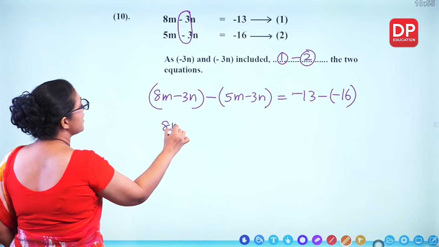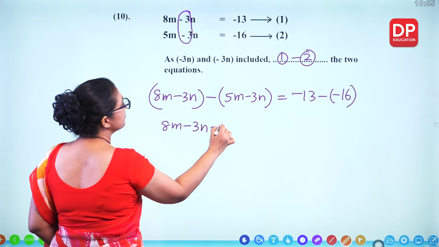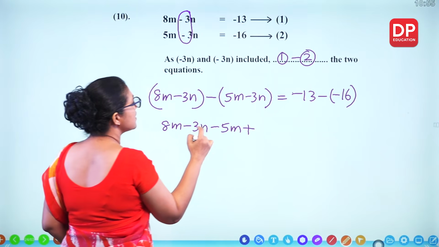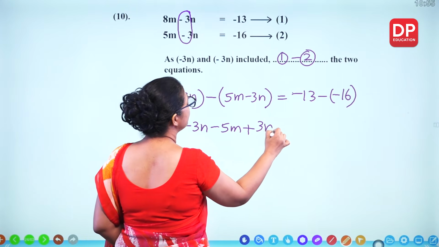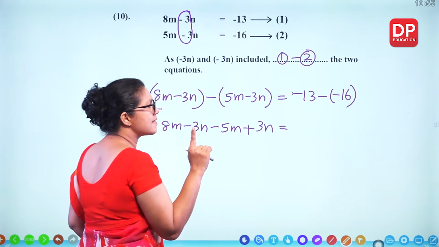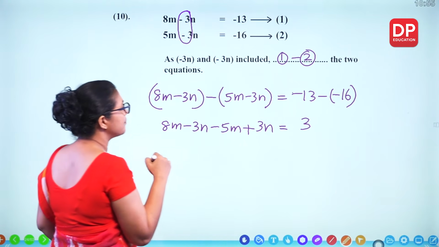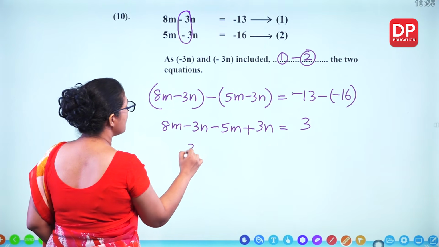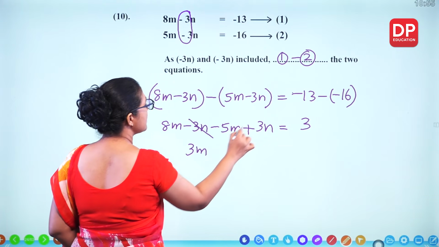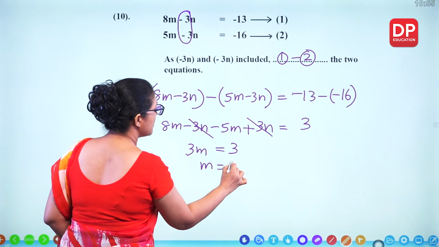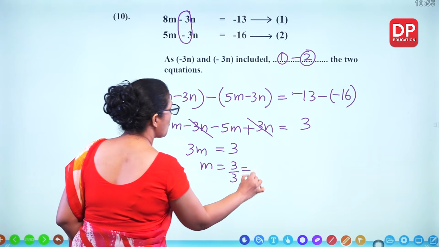Now expand brackets. Minus 5m, minus minus becomes plus 3n equals minus 13 plus 16. So that's plus 3. 8m minus 5m, 3m. And 3n get cancelled out. So m equals 3 divided by 3, that's 1.